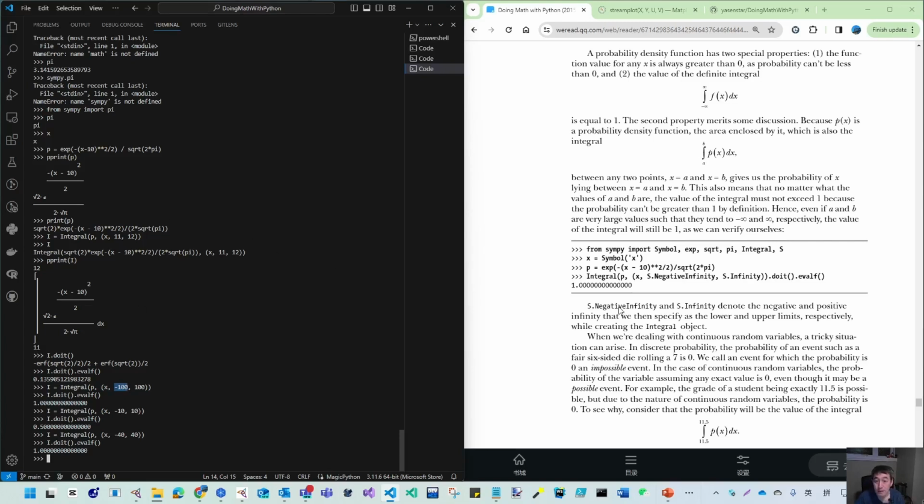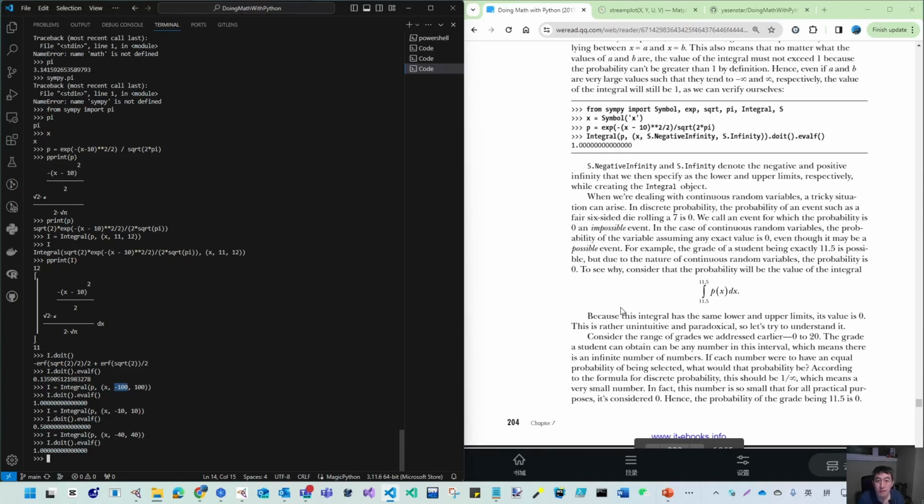So that is the characteristic of this probability. It's like our standard deviation. The curve very quickly approaches 100%.